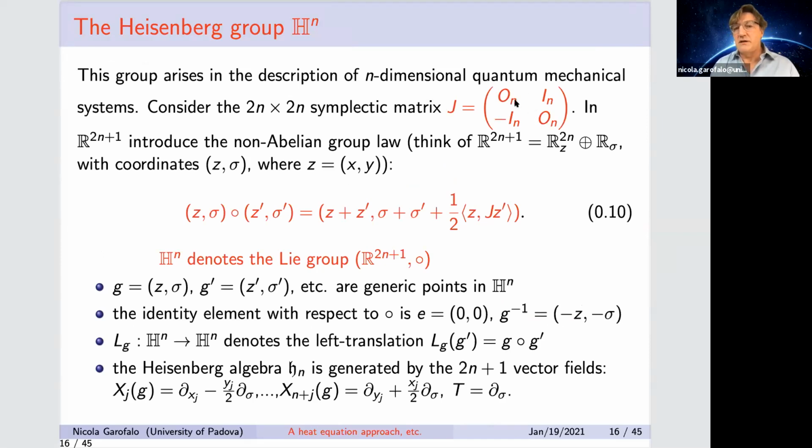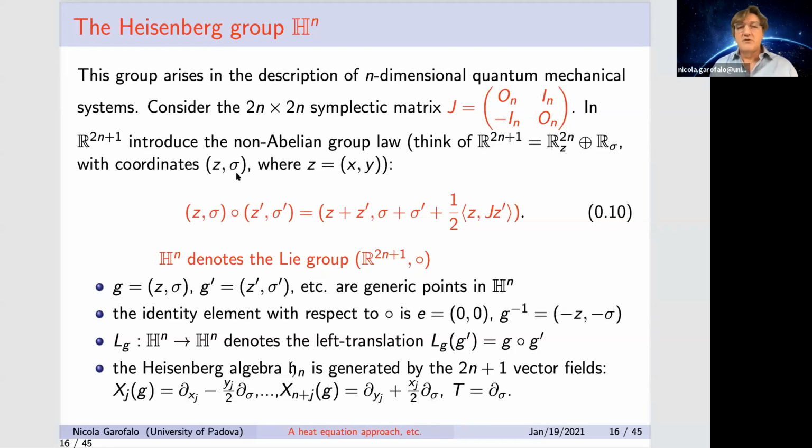These are blocks of n by n matrices. So in R^(2n+1), I will denote the variables like this. I will split R^(2n+1) as R^(2n) with respect to the variable z, direct sum with R with respect to the variable sigma.